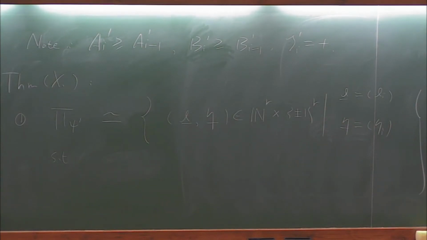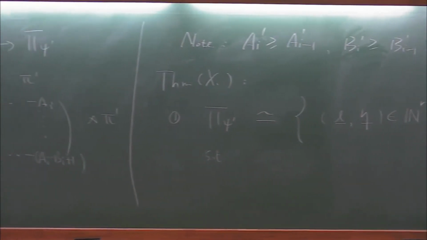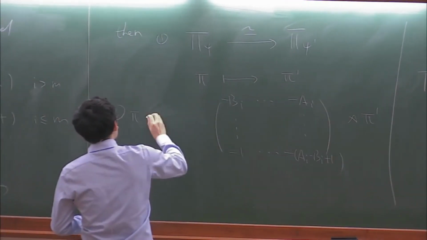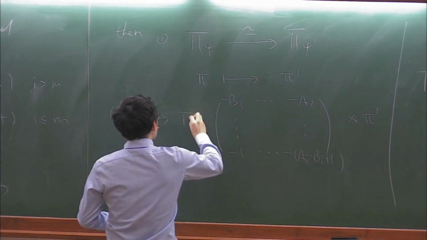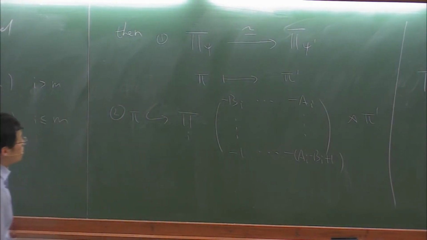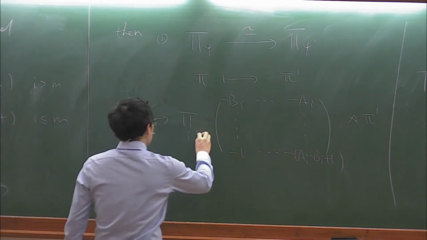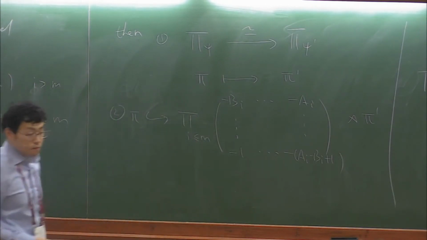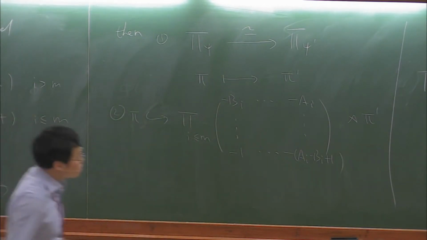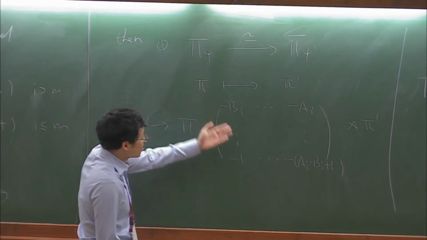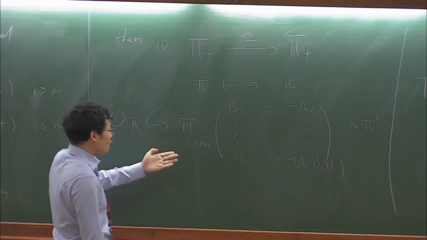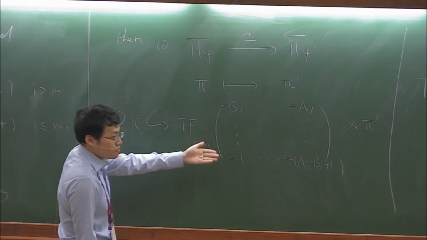For all i less than or equal to m. Yeah. Thank you. And so actually there's an order. A priori you can think that, but in fact the order doesn't matter.